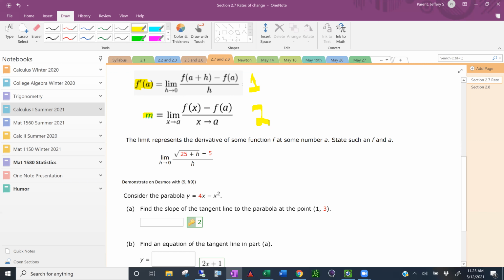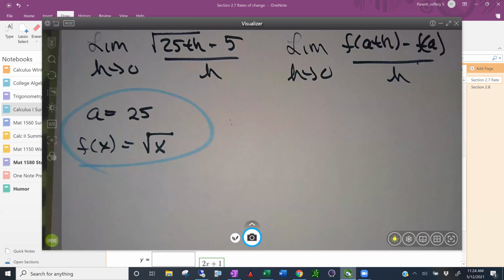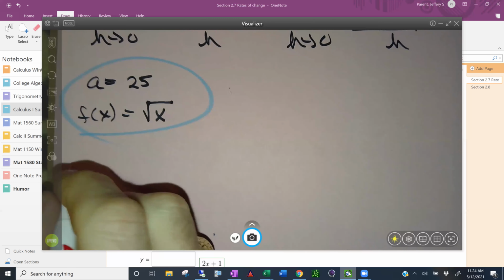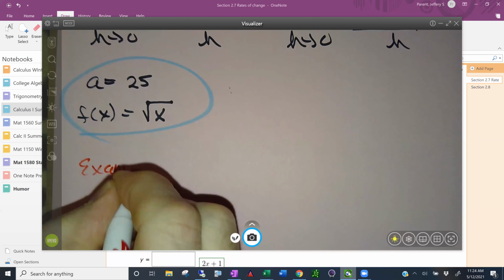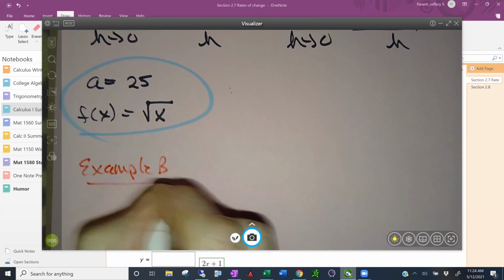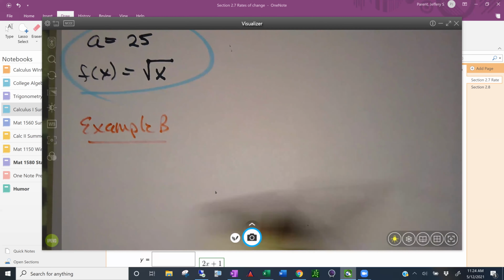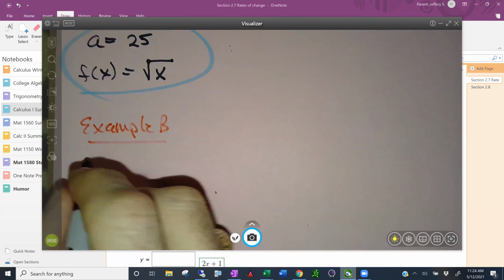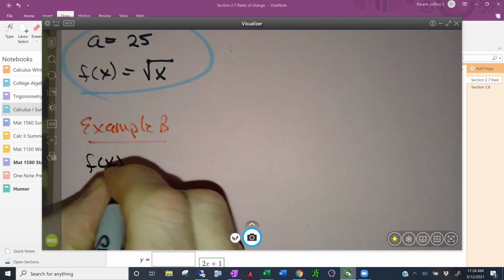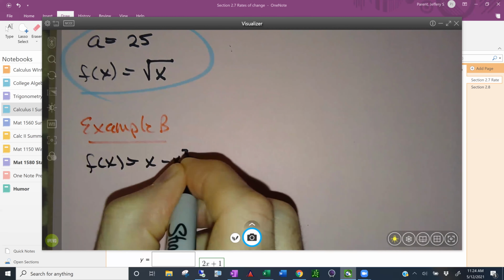So we're going to do that with the function x minus x cubed. So I'll call this one example B, our second example here. And let's see, f of x equals x minus x cubed.